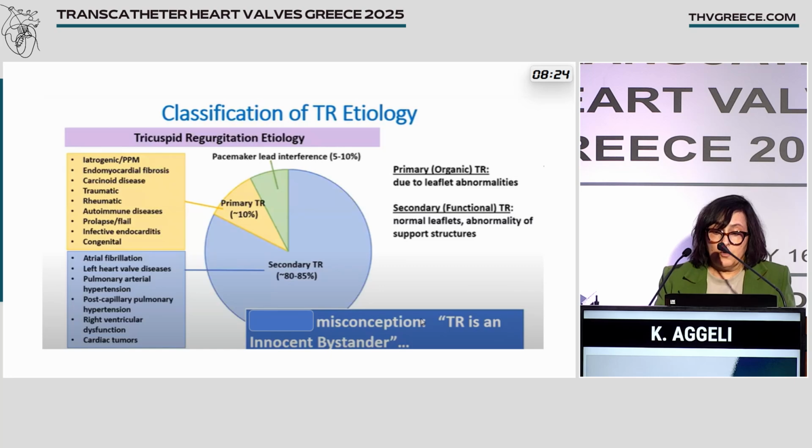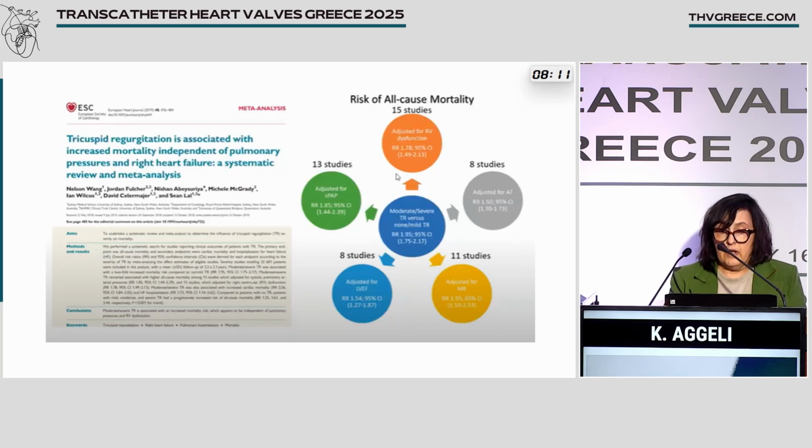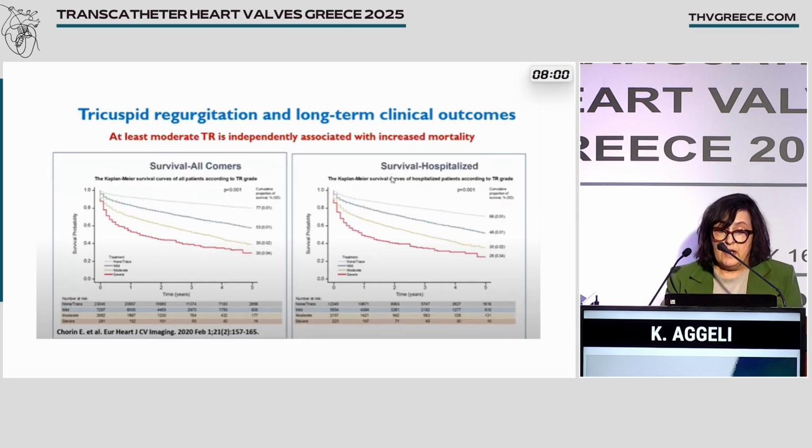Tricuspid etiology, more frequent: secondary TR 80 to 85%, primary TR 10%, and 5 to 10% pacemaker lead interference. And we know that tricuspid regurgitation is associated with increased mortality dependent on pulmonary pressures and right heart failure.